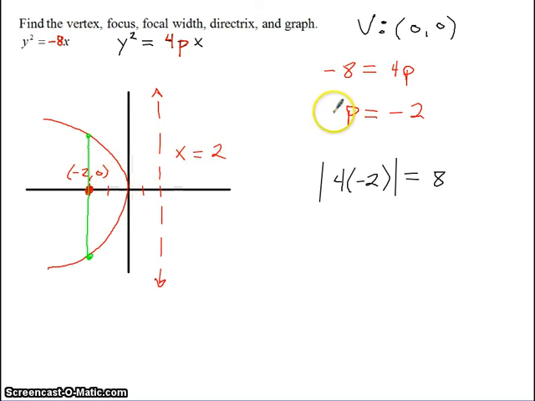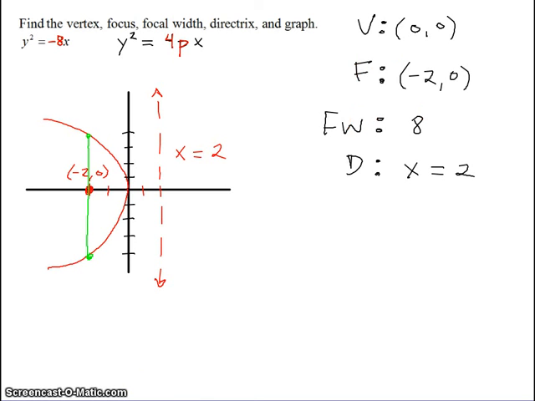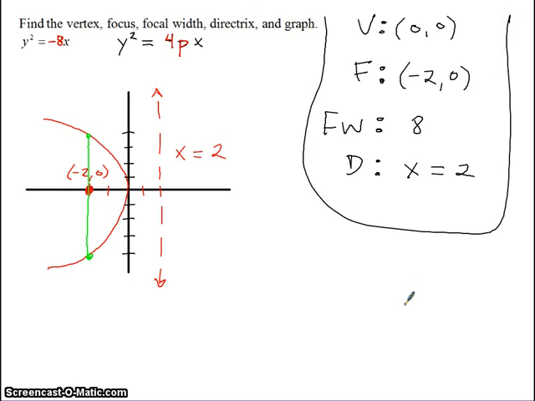And what that means literally is that this distance, this green line segment's distance, is equal to 8. You go up 4 top, down 4 bottom, and we get a distance of 8. And here I have all of my answers.